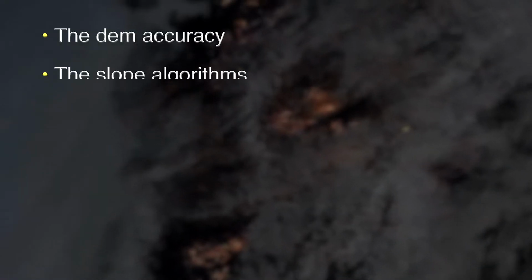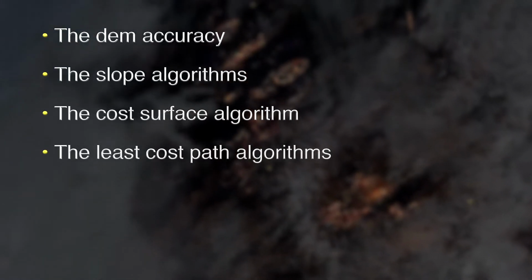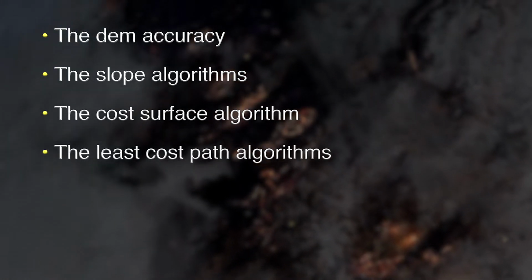There exist different sources of variation in generating least cost paths, and these will produce varying paths depending on the variables that are selected to be manipulated and those that remain constant. However, other sources of variation exist, such as the DEM accuracy, the slope algorithms, the cost surface algorithms, and the least cost path algorithms.